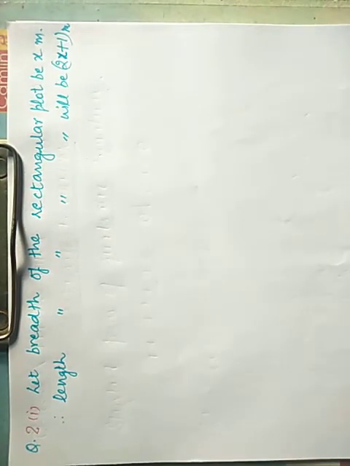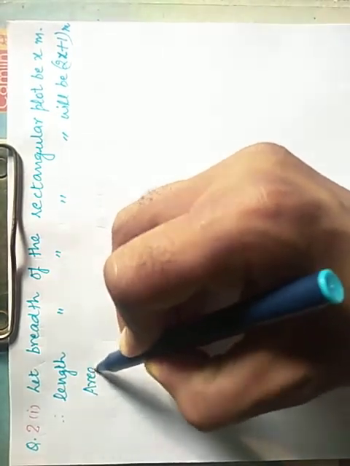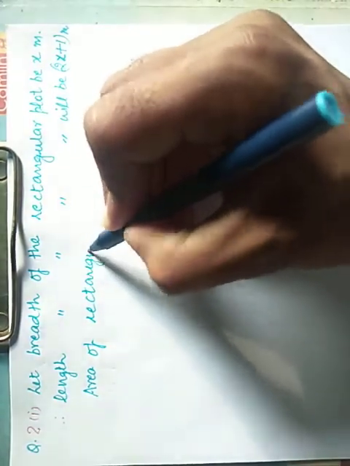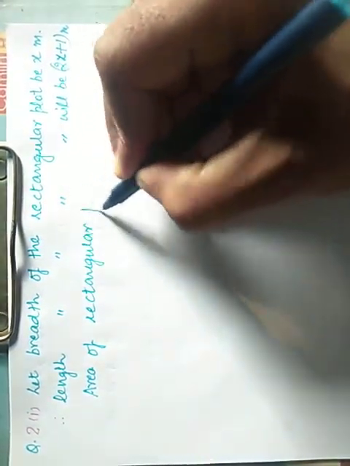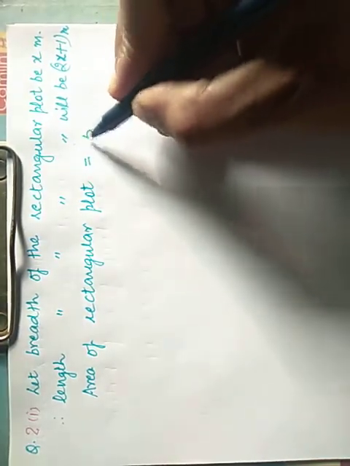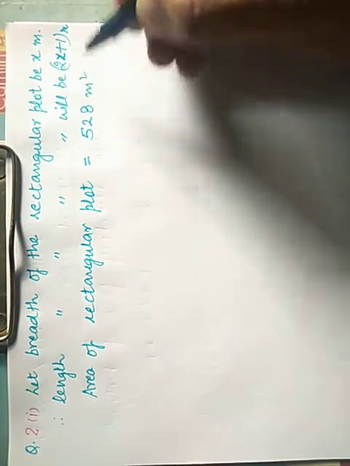Okay, and area of rectangular plot, area of rectangular plot is equal to given 528 meter square.